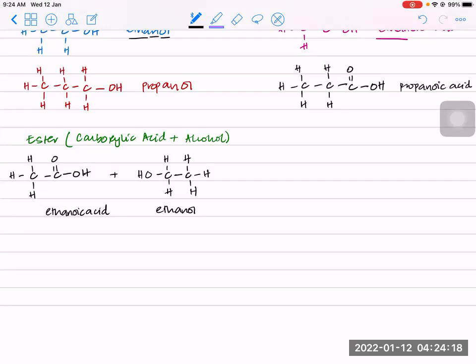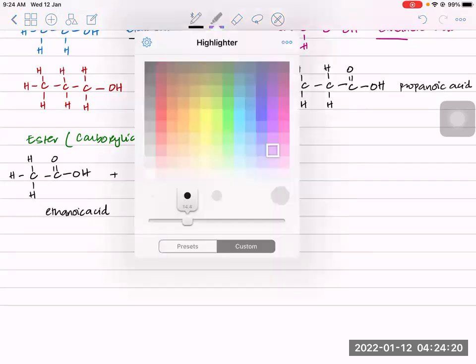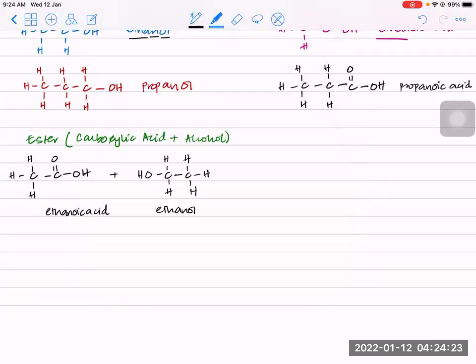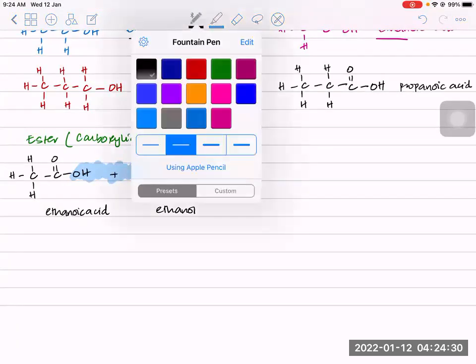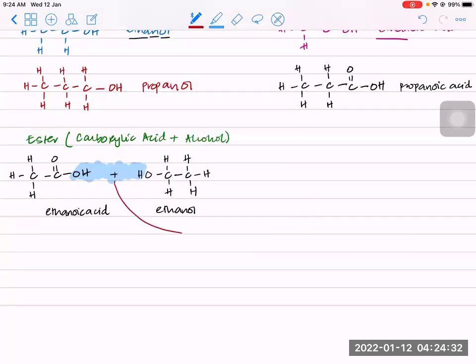Now for esterification, what happens is the acid will always lose the OH, alcohol will lose the H. So acid loses the OH, alcohol loses the H, and this becomes what? Water. And we get our ester, which will be this: CH3 as it is, then you have a C double bond O. This is gone.